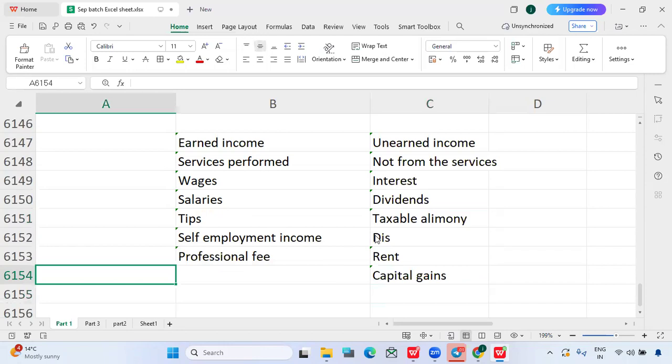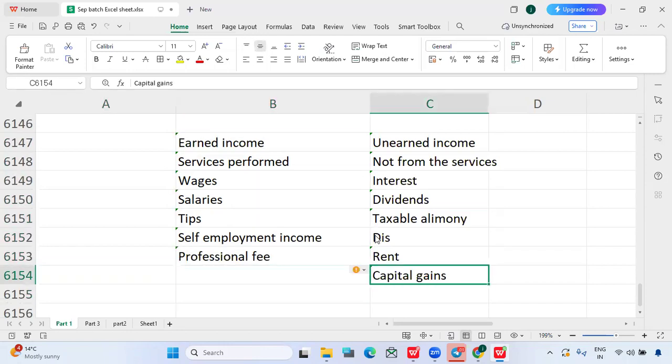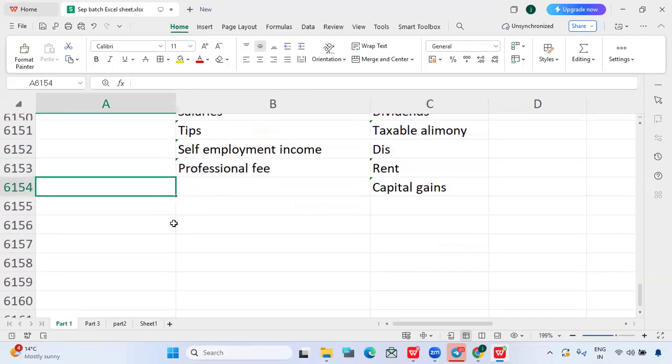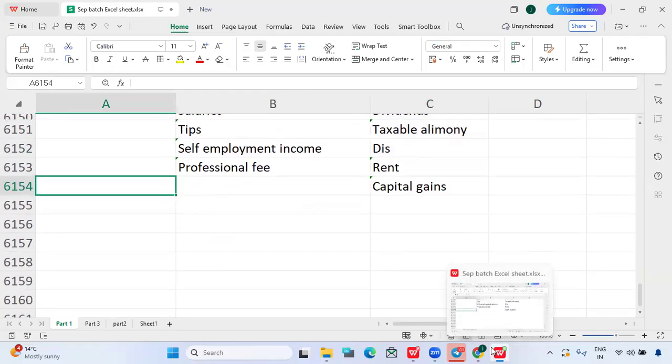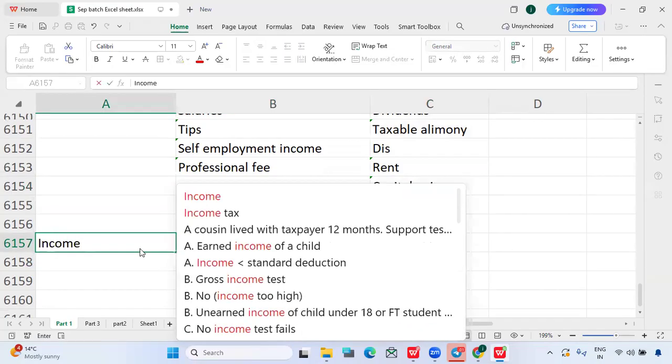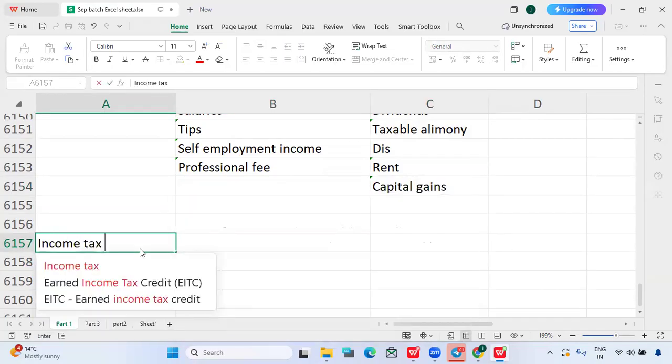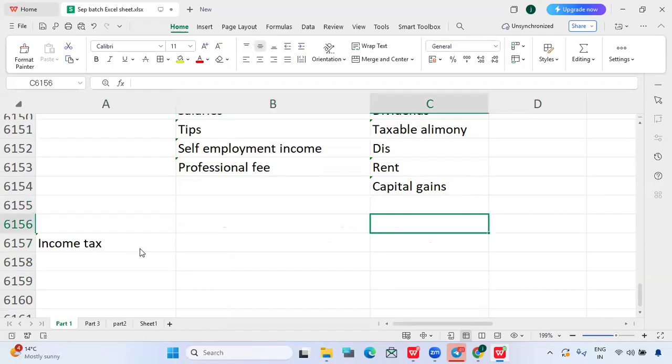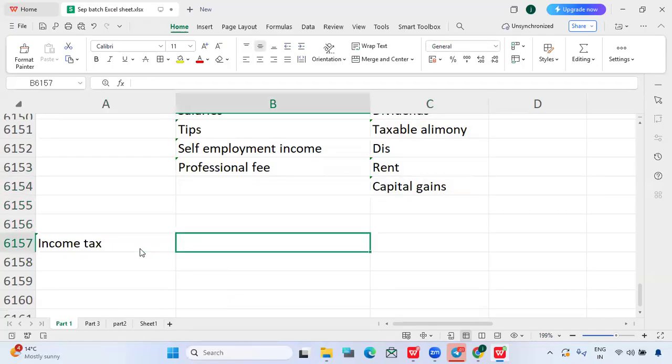The classification of earned and unearned income is very, very important. What is the point of calculating this income? Because we have to pay income tax to the US government. Whether it is earned or unearned income, we have to pay income tax in both cases.